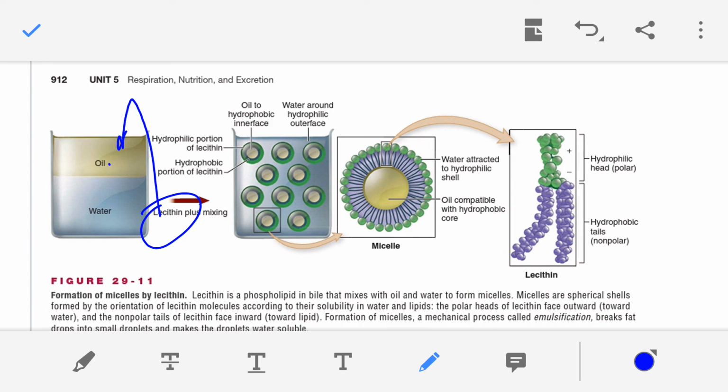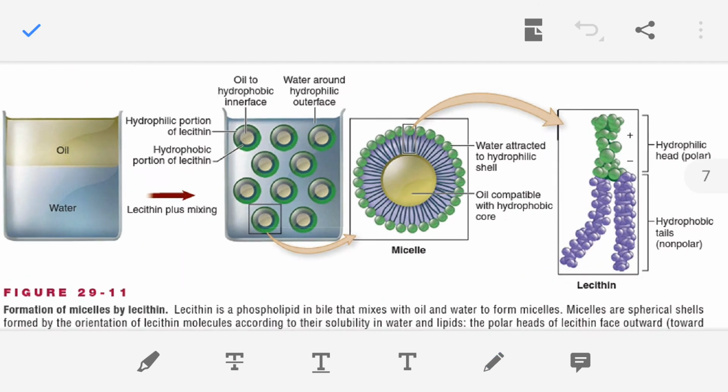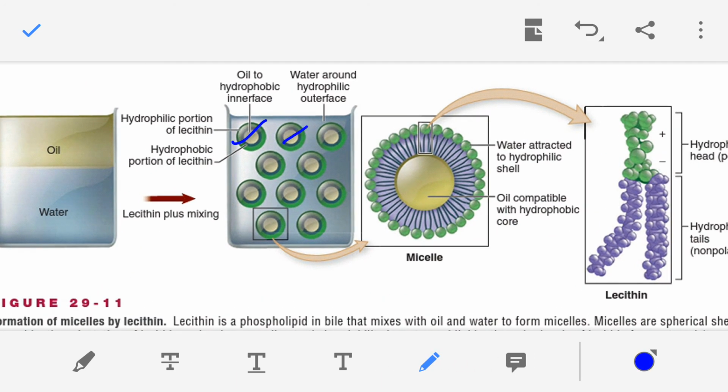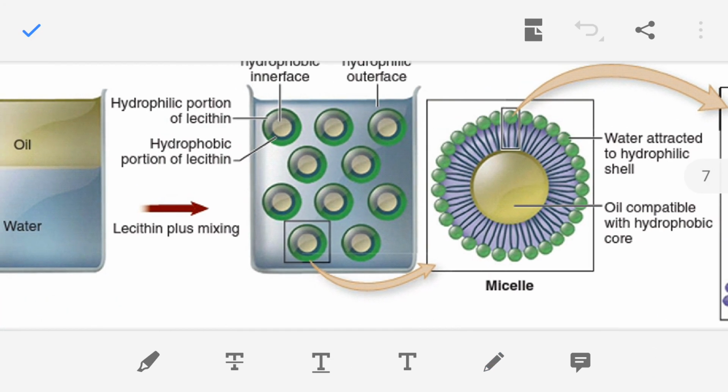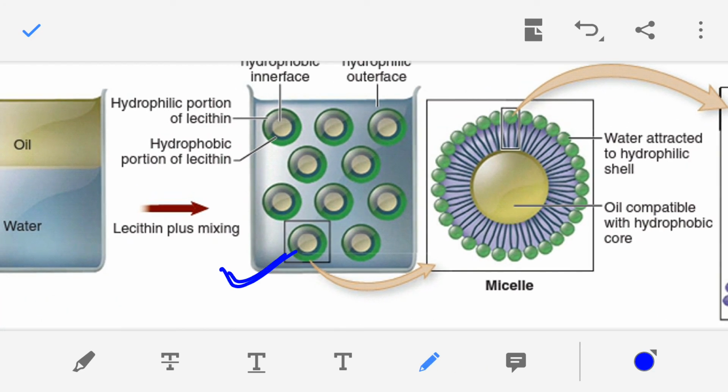So when we add lecithin into this oil water, what happens? The entire oil is converted into small oil droplets. So these are the small oil droplets, and on the surface of this oil droplet the lecithin is present, and this lecithin is shown by the green color.